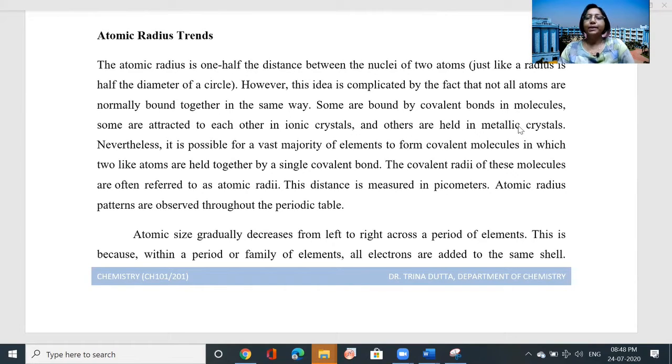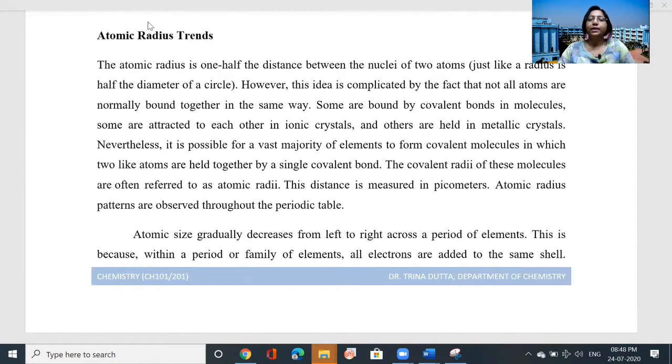Some are bound by covalent bonds in molecules, some are attracted to each other in ionic crystals, and others are held in metallic crystals. Nevertheless, it is possible for a vast majority of elements to form covalent molecules in which two like atoms are held together by a single covalent bond.